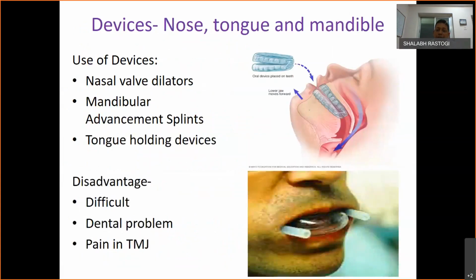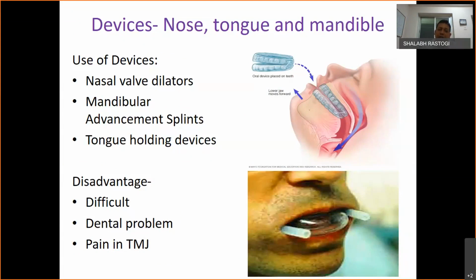the patient again faces problems. Now, the second type of management is various devices. There are various devices available over the counter as well as in special orthodontic treatment. These are the nasal valve dilators, the mandibular advancement splints, and tongue holding devices.